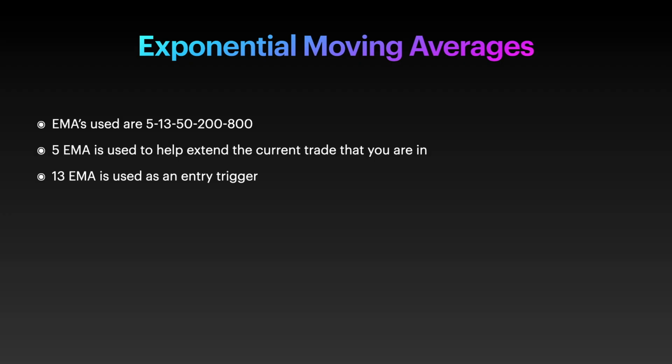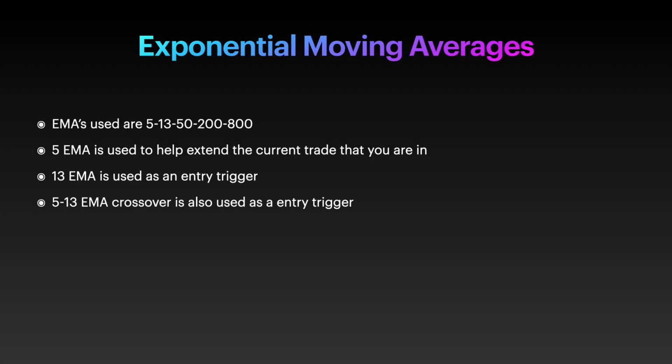It is used to help with entering your trades if, on a second leg M or W, you don't get a railroad track, star pattern, quarter wood, if you don't get any of that to get into the trade early, then you're basically waiting for price action to close below or above the 13 EMA to trigger the entry. Of course, followed by a pullback. But that's what the 13 EMA is used for. Now, the combination of these two can also be used for a 5 and 13 crossover to help with entries.